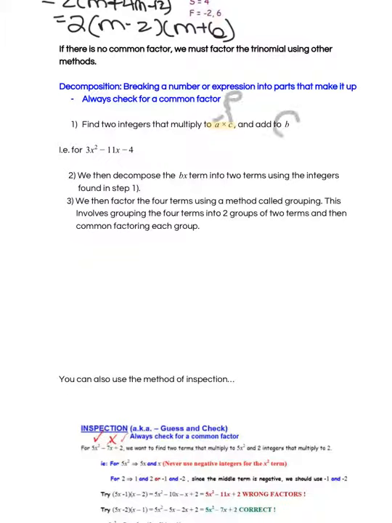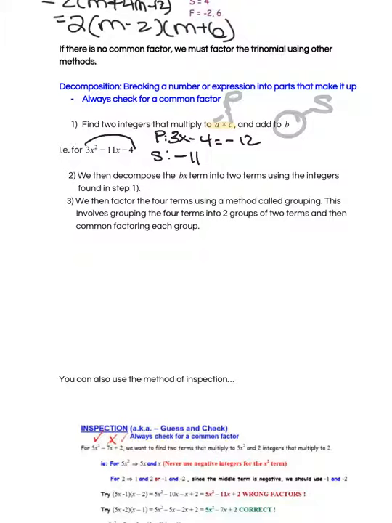And then they still have to add to b, so that's our s. Okay, so we're still doing product sum method. So here, I need to find two things that are going to multiply to 3 times negative 4, which is negative 12, and add to negative 11. Okay?